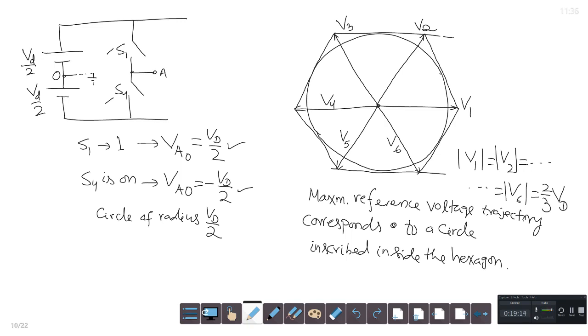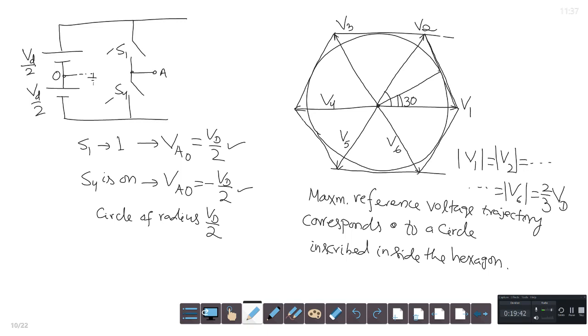So, let us consider this side of the hexagon is just tangent to that circle. Because the angle between V1 and V2 is 60 degrees, this angle is 30 degrees, and this is the radius of the circle.